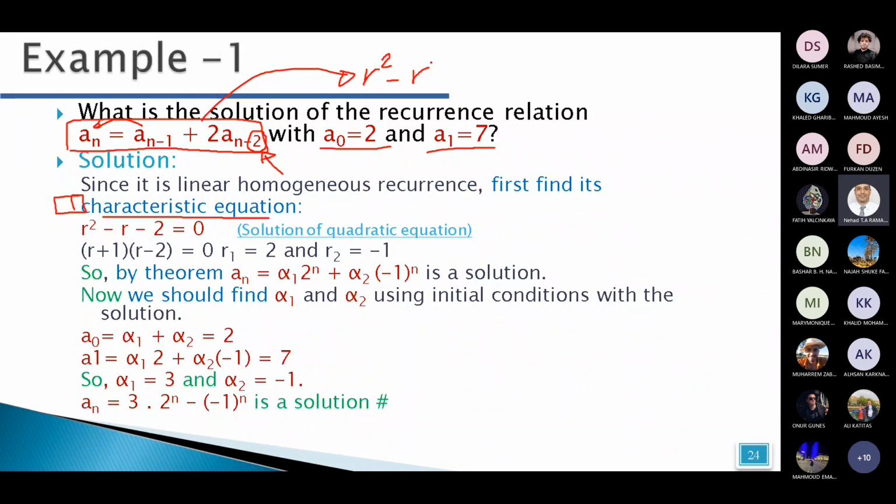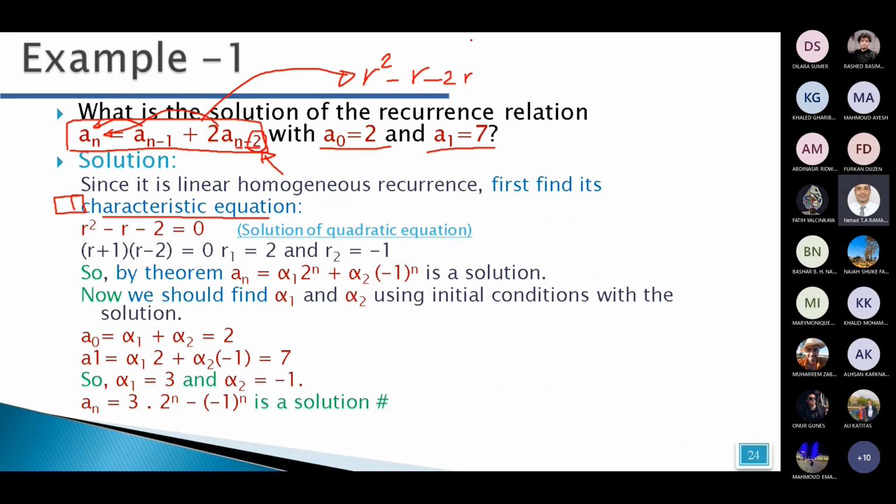So 2 minus 1 becomes 1, so it's r. This also goes to the other side, it's minus 2 r, okay, r power k minus 2.